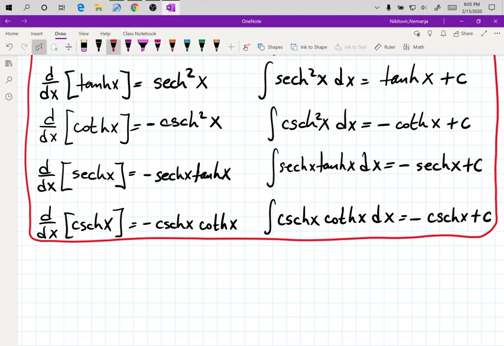So I would like to offer that improved formula for derivatives. And then for integration, you just have to do U sub. There's nothing else you guys can do. So let's pick on one of these. How about cosecant?